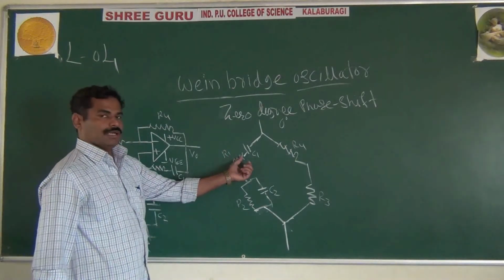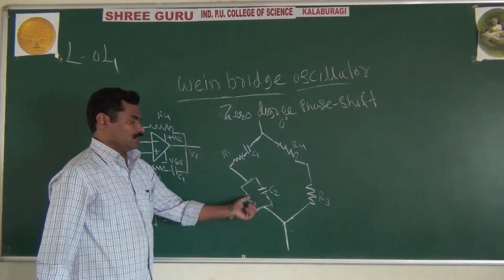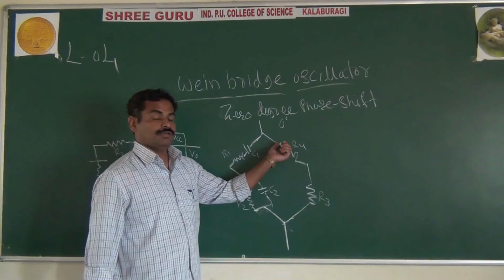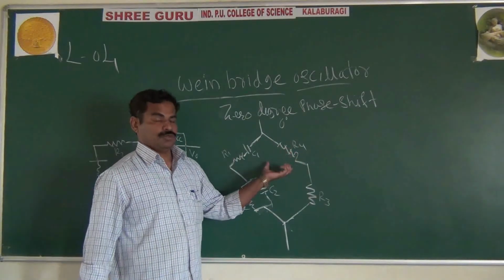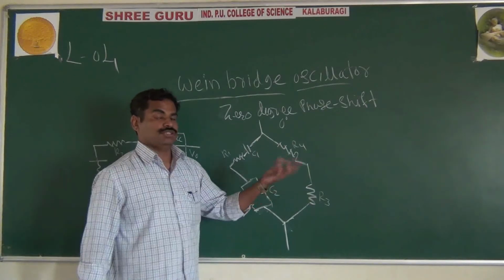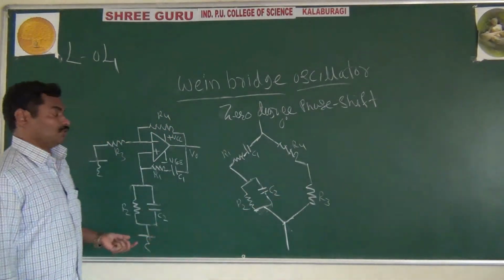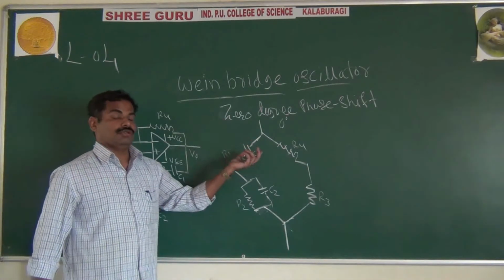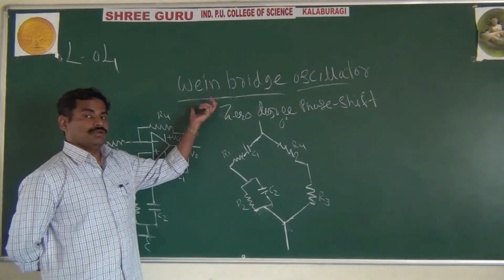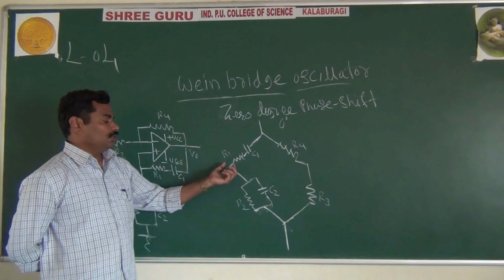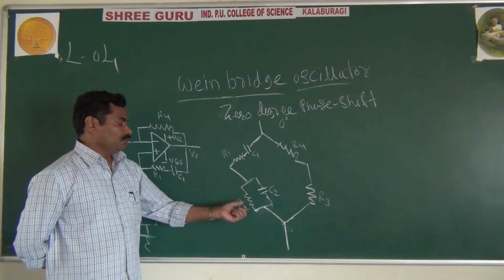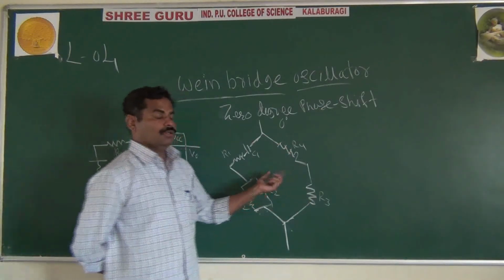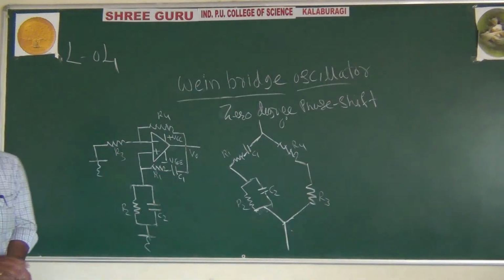One arm is R1 C1, another arm is R2 C2, R3 acts as one of the arms, and R4 acts as another arm, because a bridge network has 4 arms. As you studied in physics about the bridge, now in electronics we are studying the Wien bridge, and it has 4 arms: R1 C1, R2 C2, R3 and R4. This is the Wien bridge network.